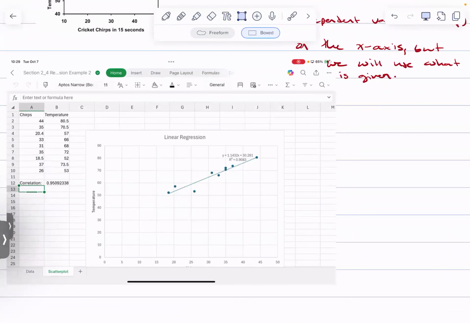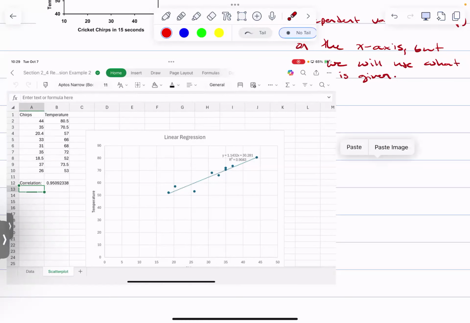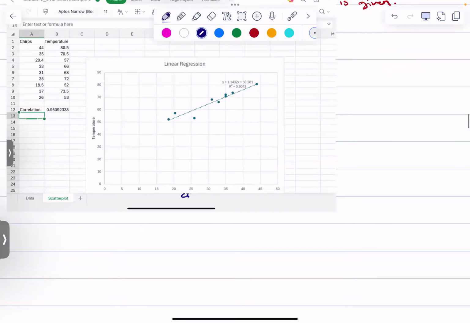So in Excel, you can make something like this, where it requires that you have your X variable in the first column and then your Y variable in the second column. So if you wanted to copy paste and switch them up and see what it would look like. Oops, I forgot the chirps down here. I cut it off. This is the chirps.